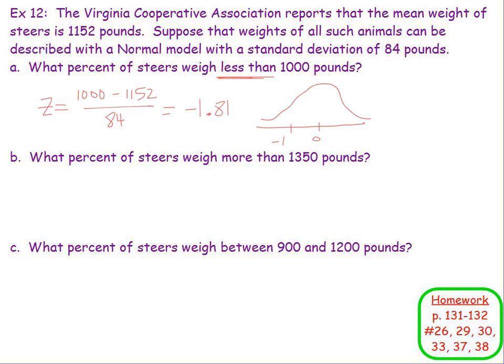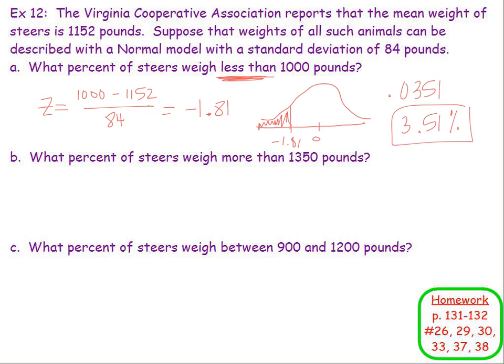Negatives are over here on the left. And this was, as I underlined up here already, a less than problem, so we shade to the left. And so this is an easy one, no extra work. I get 0.0351 on my blue sheet, which is 3.51%. So hopefully you got that first one right.